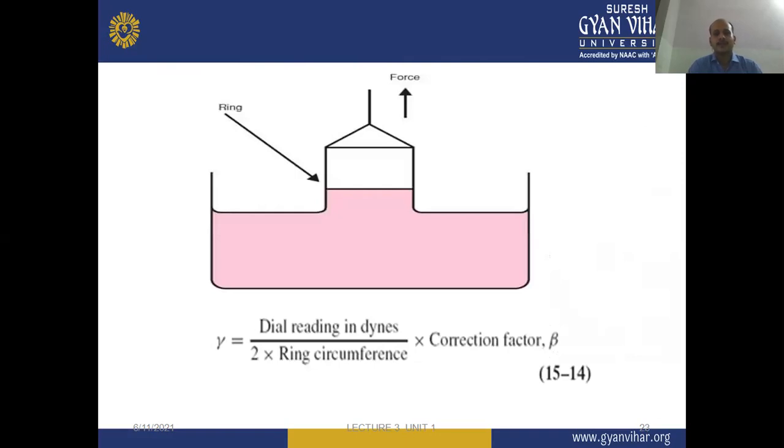We use the formula gamma equal to dial reading in dynes divided by 2 into ring circumference, multiplied by a correction factor beta. The correction factor is needed because the ring may be made of different materials, with different radius or different wire. So the simplified formula for determination of surface tension with the ring tensiometer is gamma equal to dial reading in dynes divided by 2 into ring circumference, multiplied by correction factor beta.